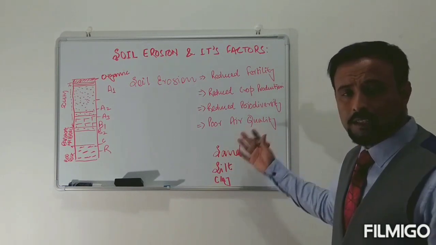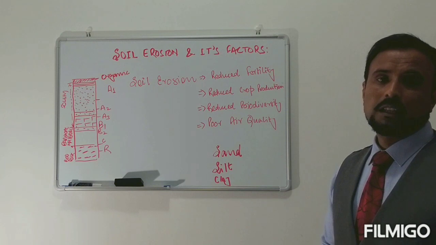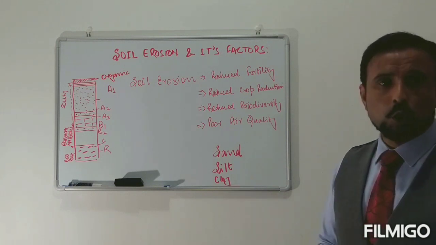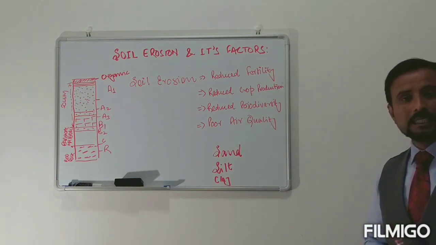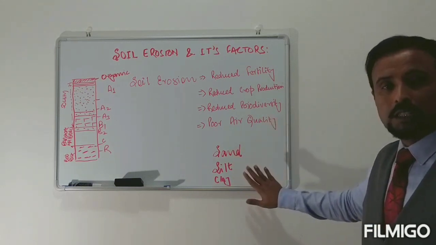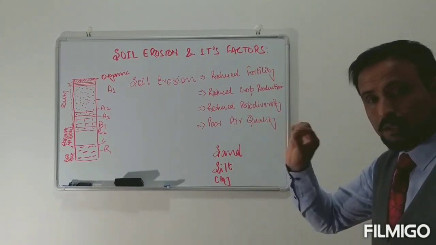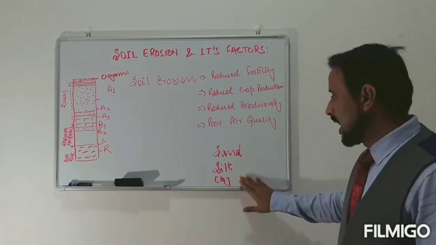Like if sand content is high, the drainage from that soil will be very high, right? Macro pores, micro pores, pores of soil, these things will depend upon the presence of these particles in the soil, right?